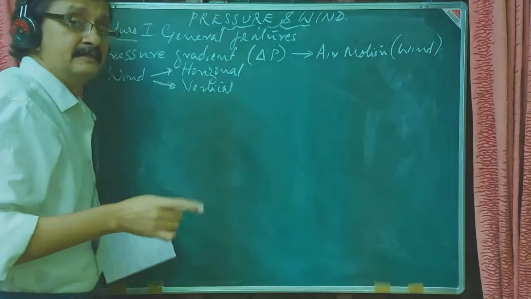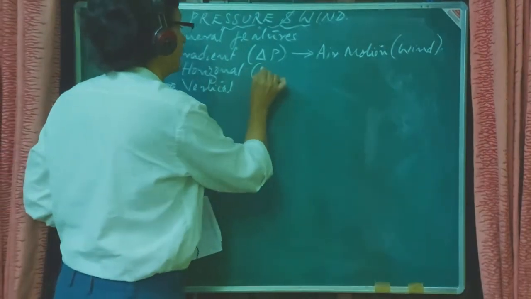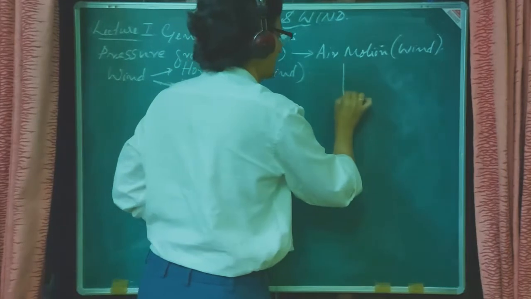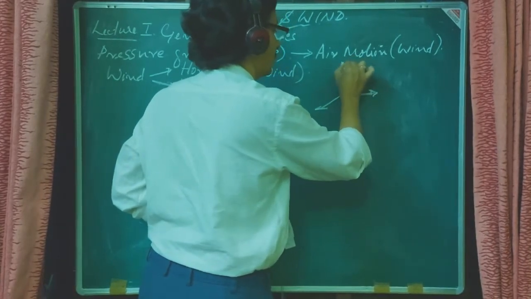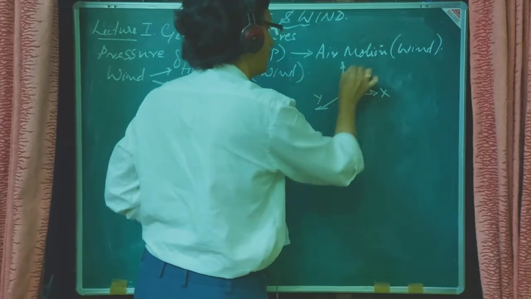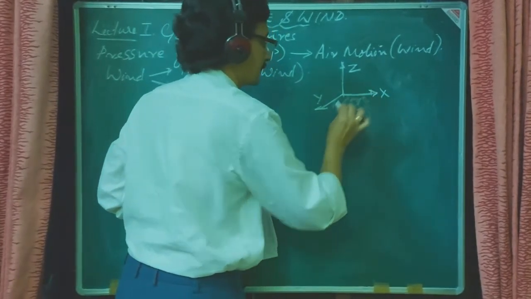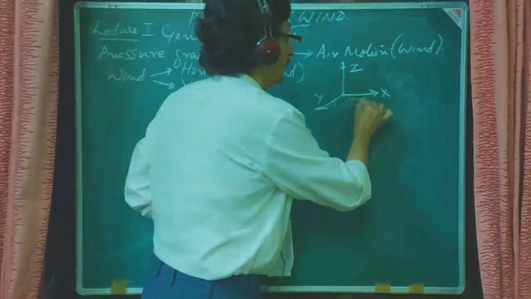Generally, the horizontal wind, what we are calling the so-called wind, has three components: X component, Y component, and Z component. This is the so-called horizontal wind, and horizontal winds we measure through cup anemometers.